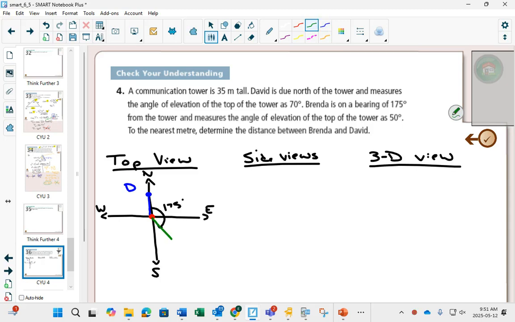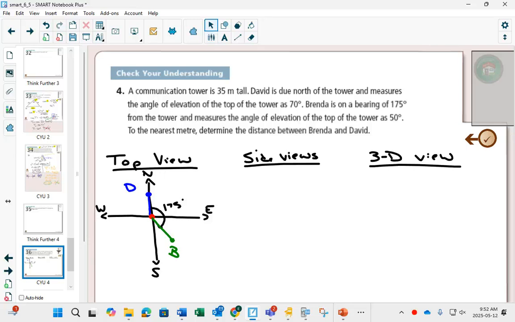We don't know how far away Brenda is. There's Brenda at 175 degrees. That is the top view of what's happening. There's a tower. David's due north. Brenda is at 175 degrees.